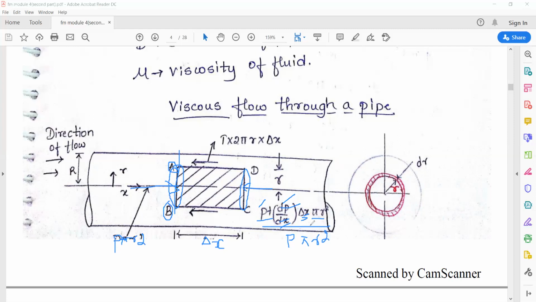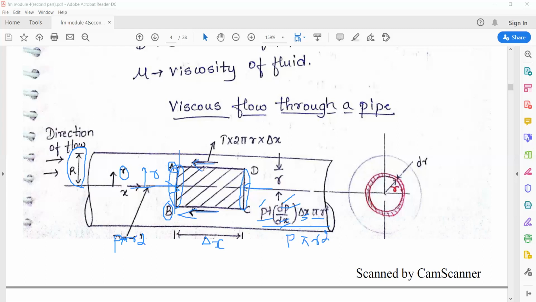Here they have considered the radius of the fluid element to be denoted by small r, and the radius of the pipe is denoted by capital R. Also, near the surface of the fluid element, the shear force is acting, opposite to the flow of fluid.